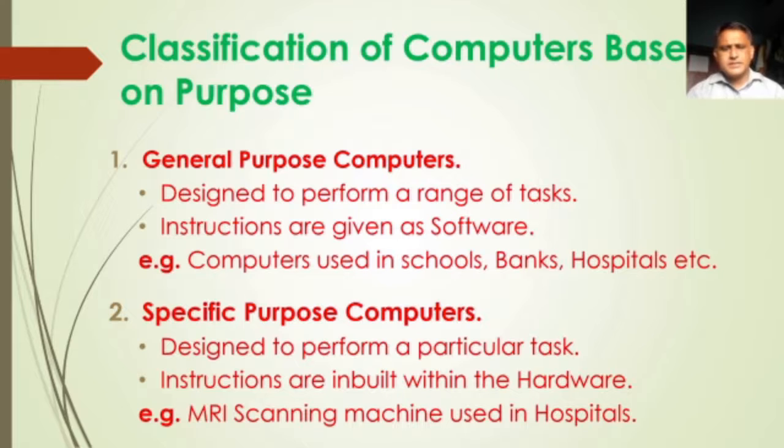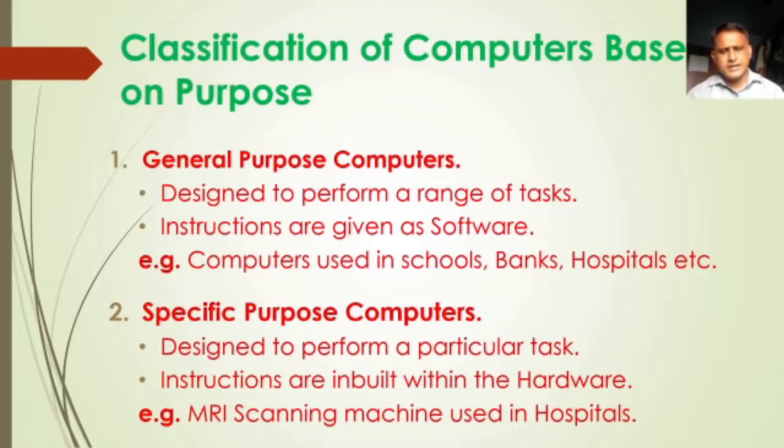Then we have the specific purpose computer. Specific purpose computers are designed to perform a particular task. Apart from this task, the computer will not be able to do any other job. Here the instructions required by the computer to carry out the job are inbuilt within the hardware.